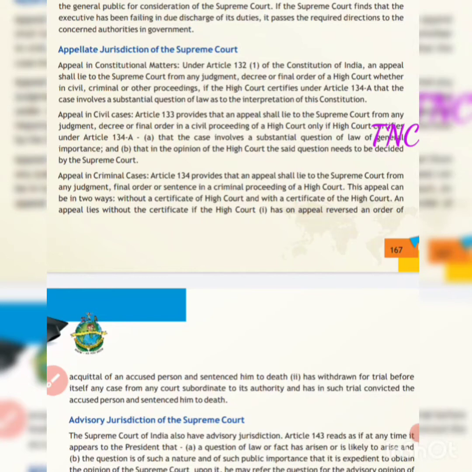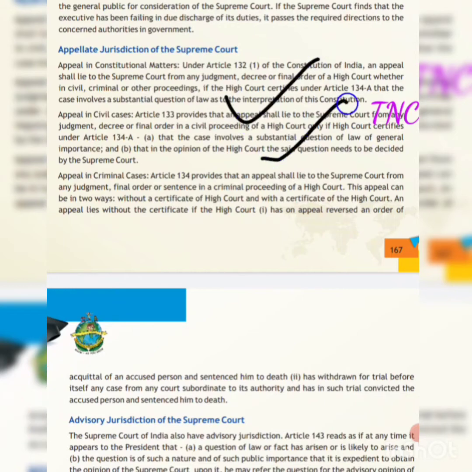Other than that, there will not be any substantial question of law that would be of general importance, right? So in criminal cases, in two ways a particular matter can go from High Court to Supreme Court. If the High Court gives the certificate, as it was happening in these two cases, and also if the High Court is not providing the certificate, that this matter should be taken up by the Supreme Court, as it involves a general question of law which has to be discussed and decided by the Supreme Court judges.